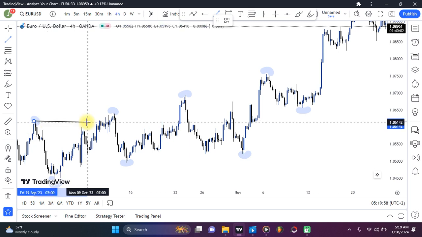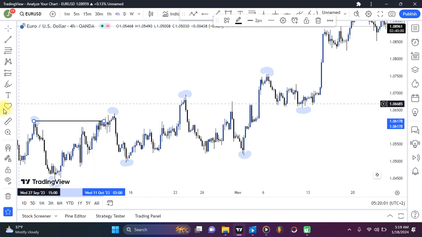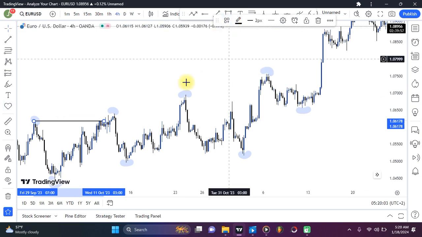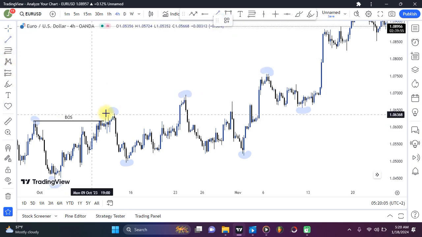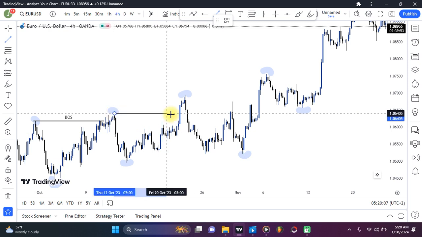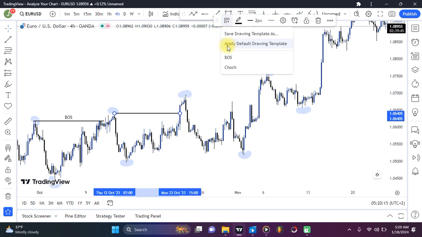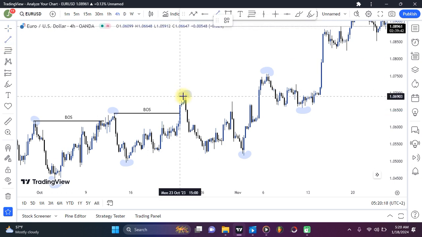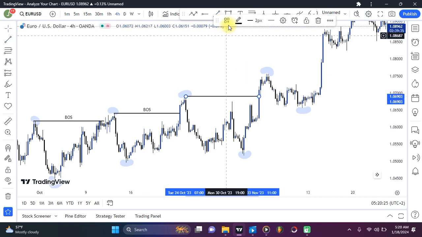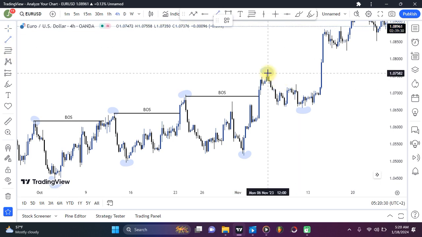This is our breakout of structure here, and we have another breakout of structure here, and another, and another.